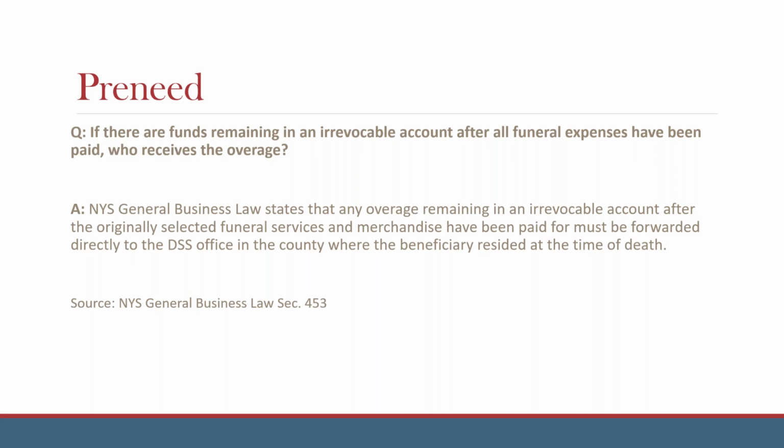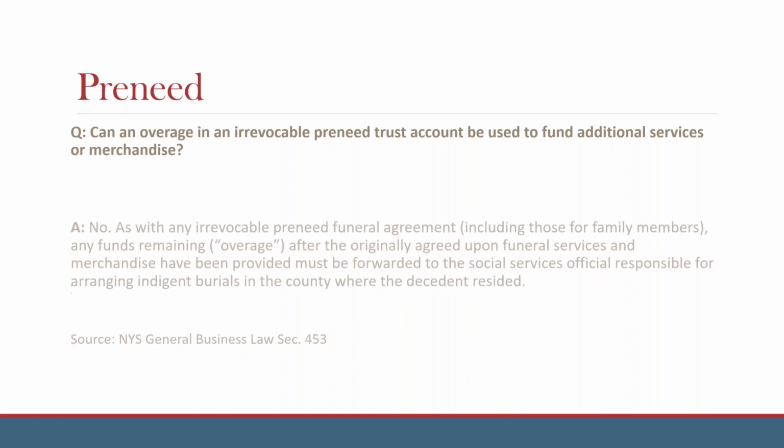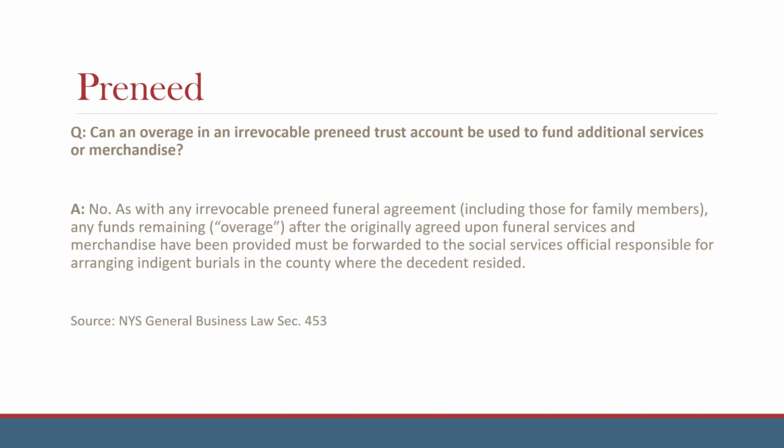So a common question we get that's related to this is, okay, well, if you're going to have to give the money to DSS, can you use the overage that you see is going to be there instead to add additional services or merchandise? Again, the law covers that. No, you are not allowed to do that.